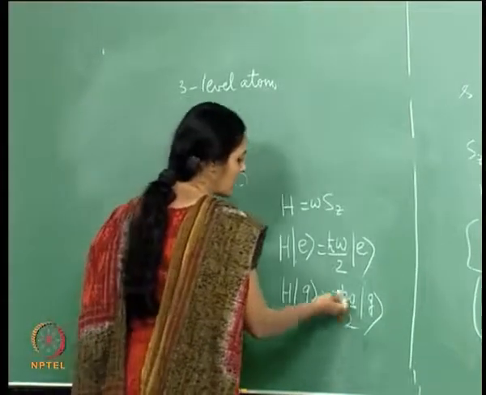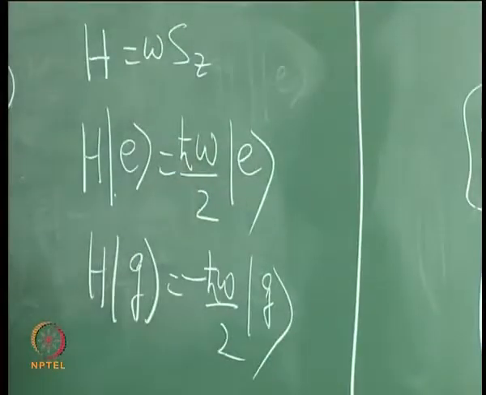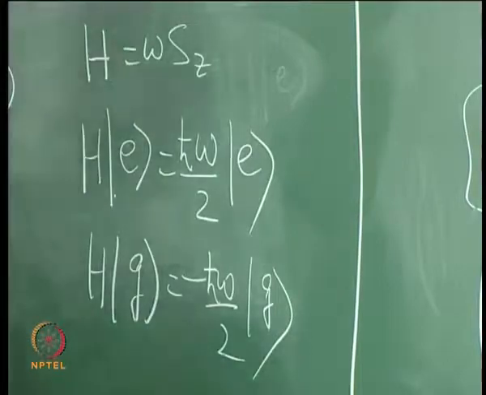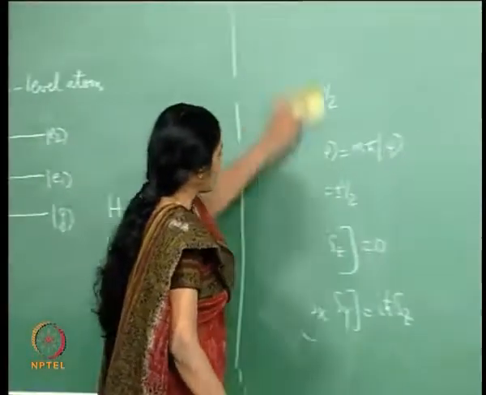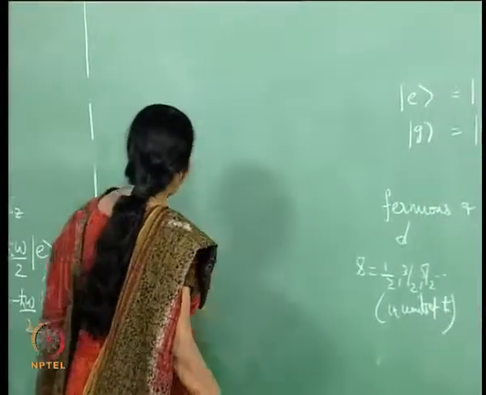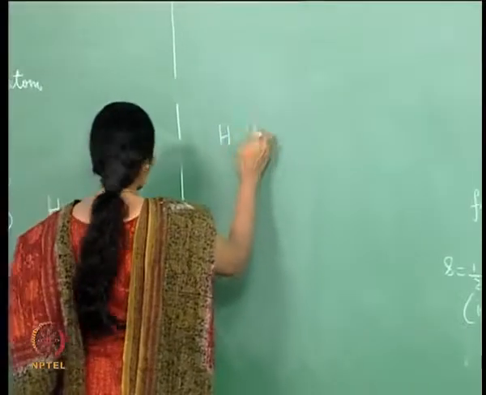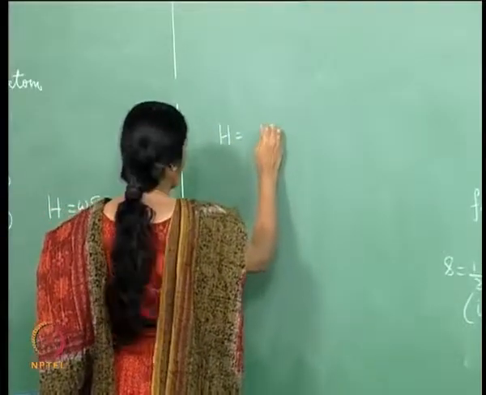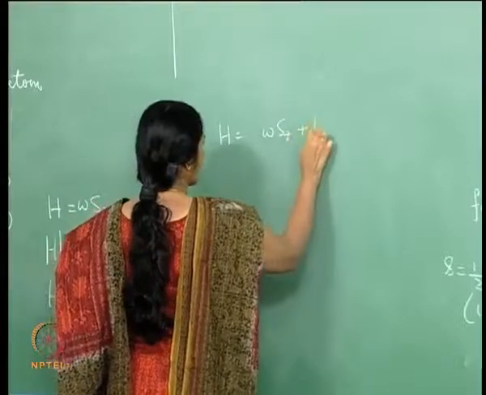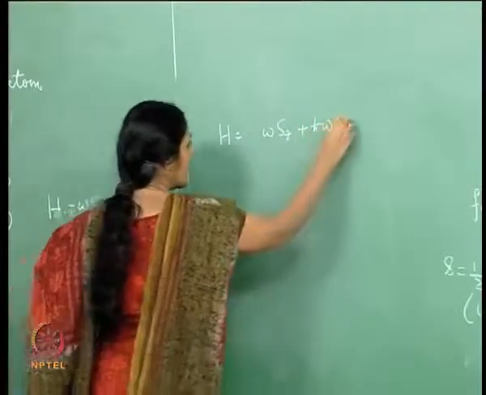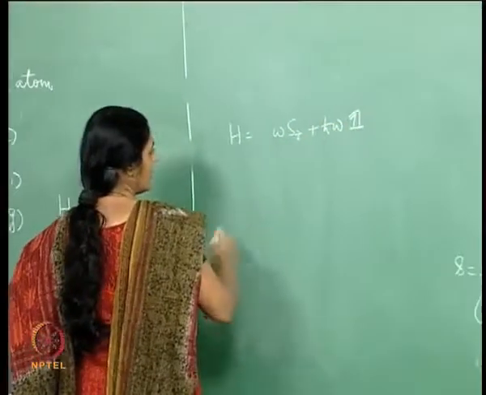We would not like to have negative energies as the eigenvalues as experimental outcomes. So it is easier for us to say that we can choose a Hamiltonian which perhaps is of this form, omega Sz plus h cross omega times the identity operator.